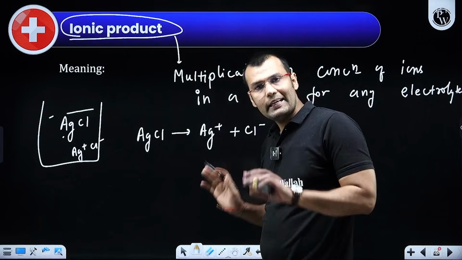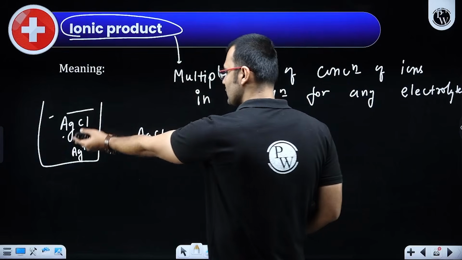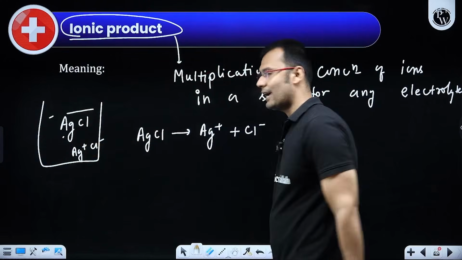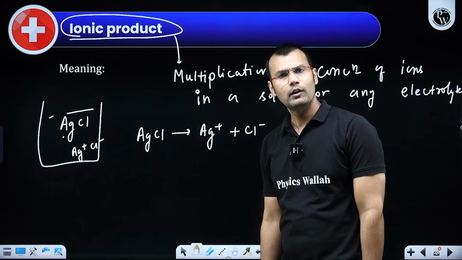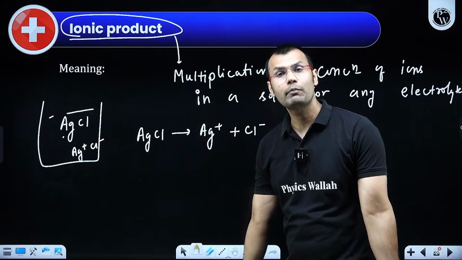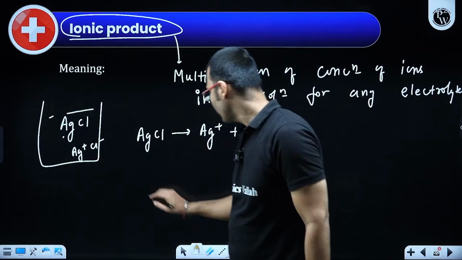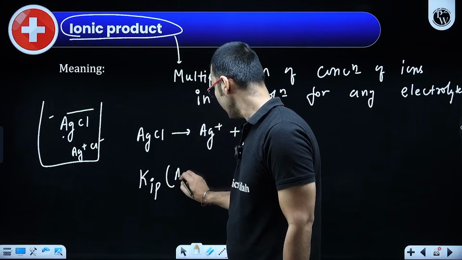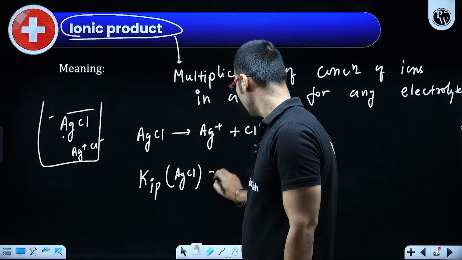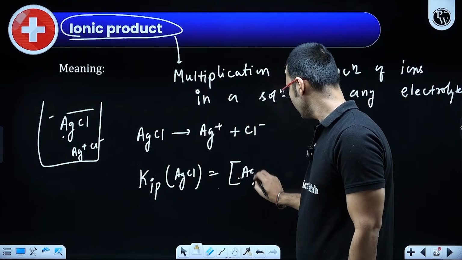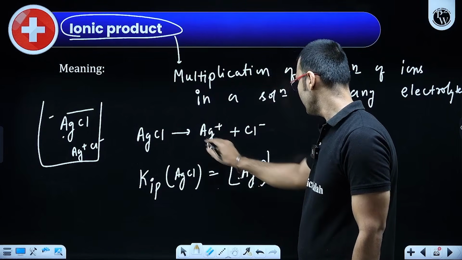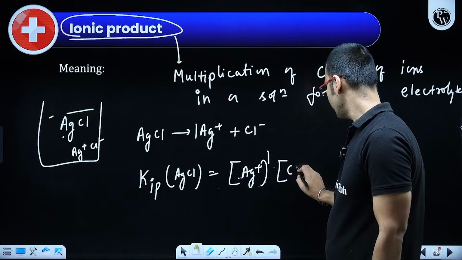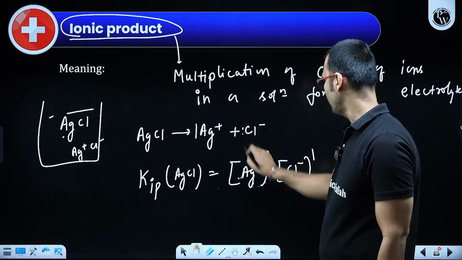Now, at any time, if I know the concentration of Ag plus and Cl minus in the solution, I can find my ionic product. So for AgCl, the KIP, the ionic product, is nothing but concentration of Ag plus to the power coefficient 1, into concentration of Cl minus to the power coefficient 1. That's it.